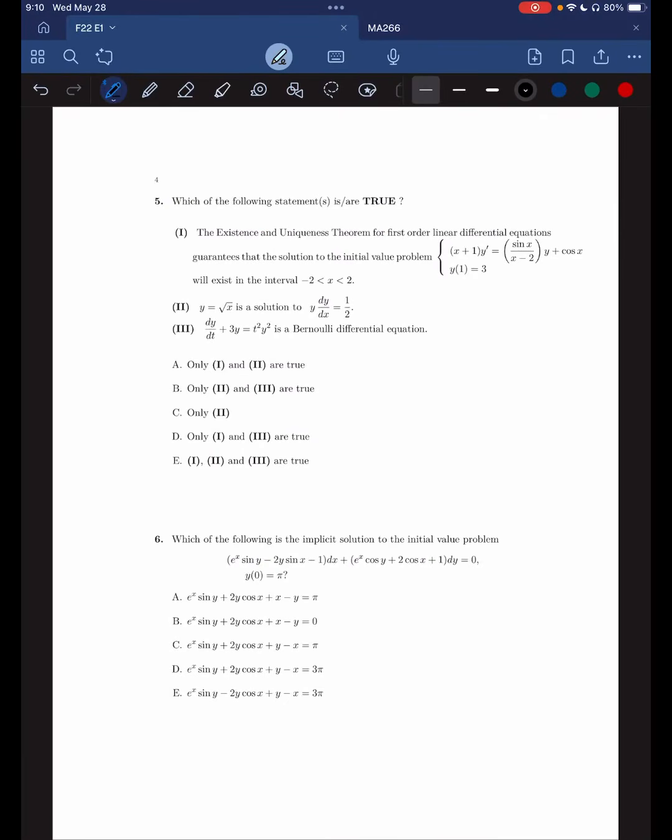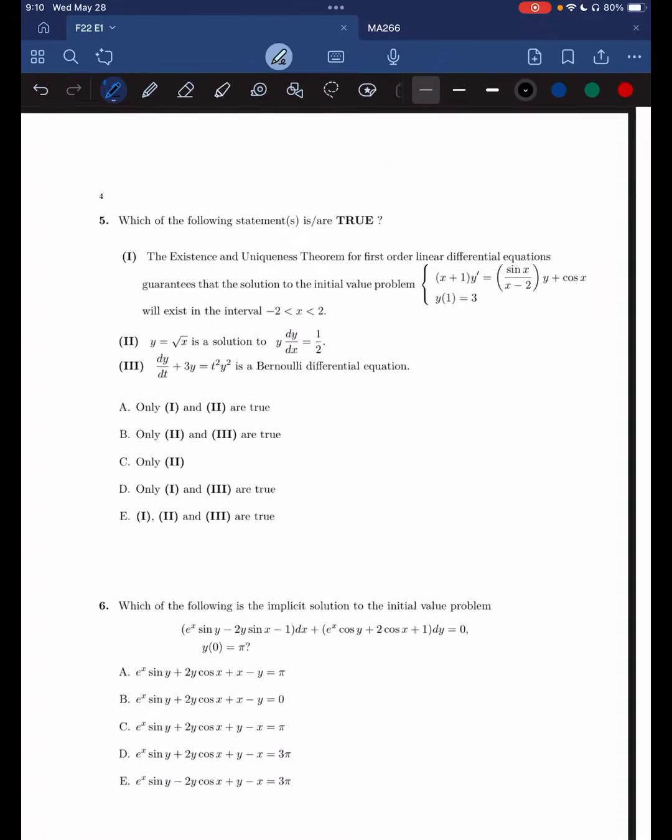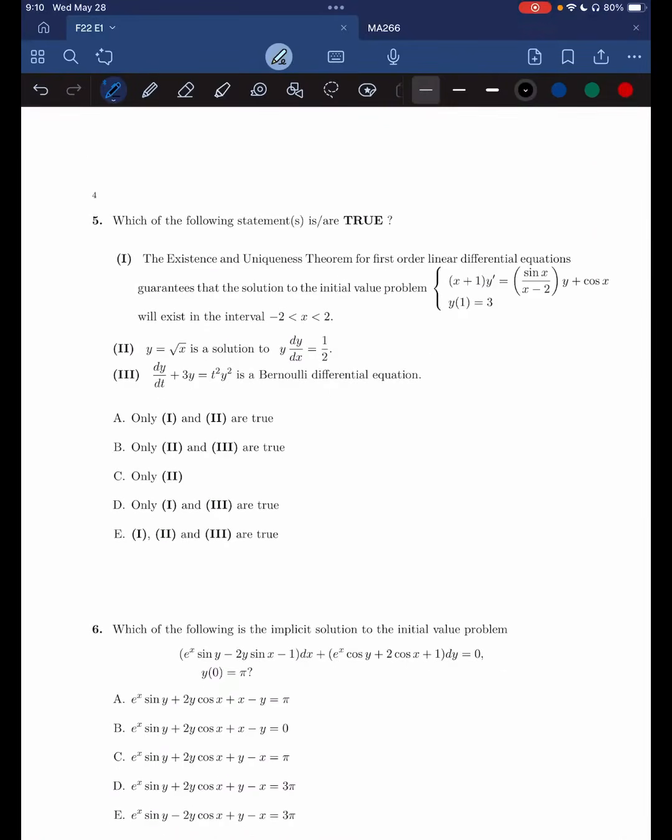All right. So this is kind of just like a true false, glorified true false. Let's look at 1. We're saying the existence and uniqueness theorem for the first order linear differential equations guarantees that the solution to this initial value problem will exist in this interval -2 to 2. This is actually pretty easy to do.